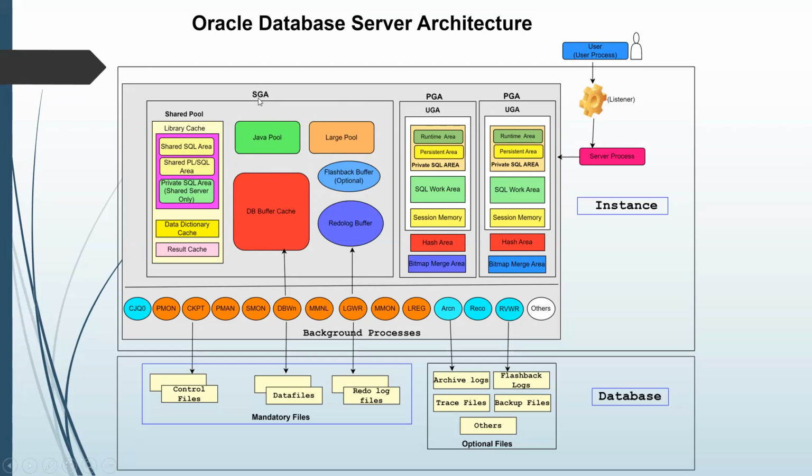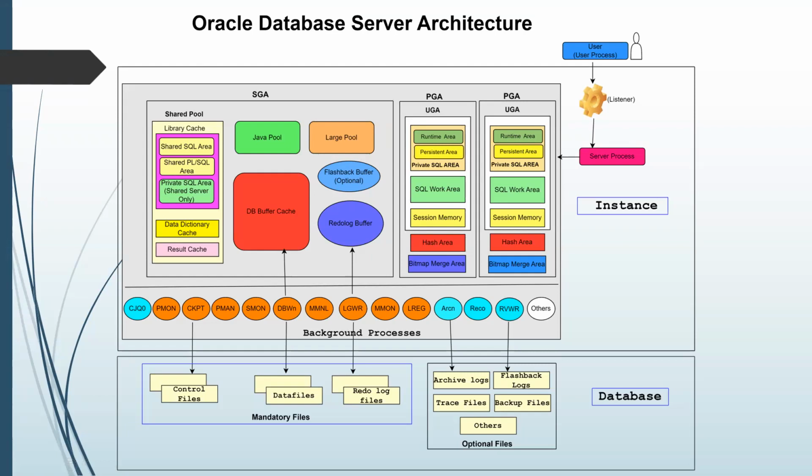It's not like for every user or every session there will be a dedicated SGA created. There will be a common SGA for the entire database, for all the users who want to connect to the database. Now it's clear, Abhishek? Yes.